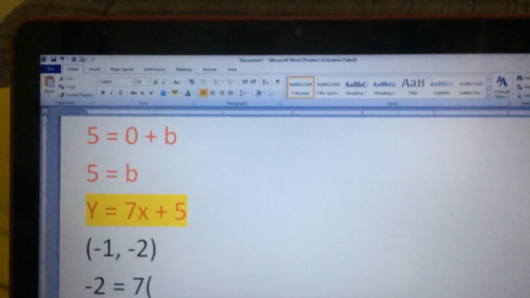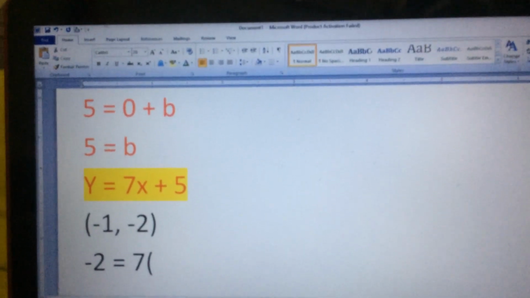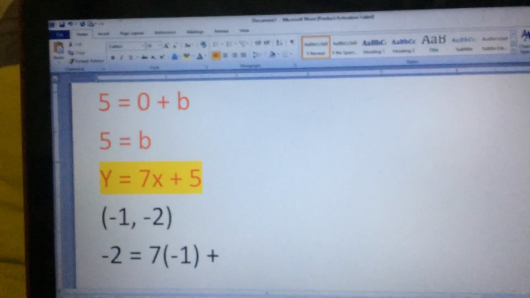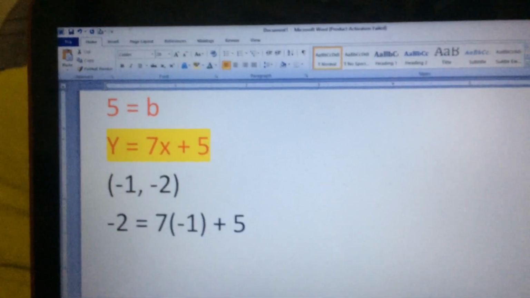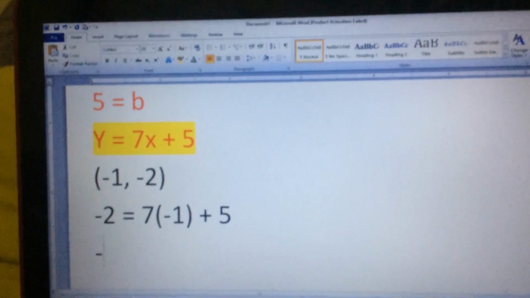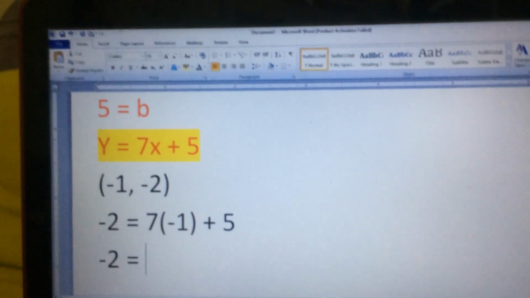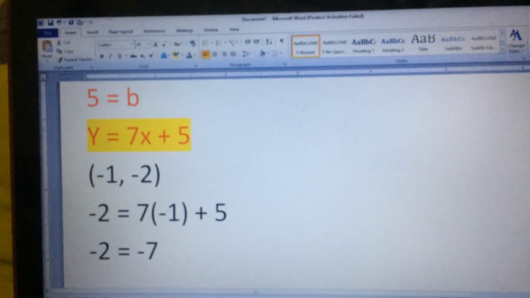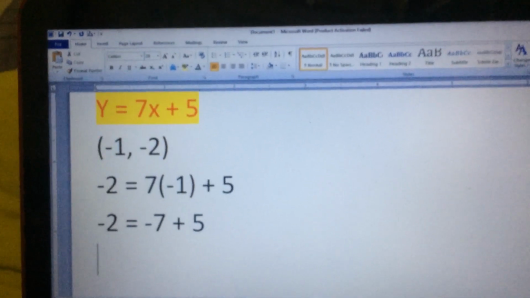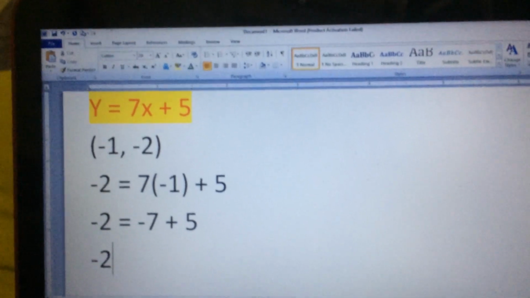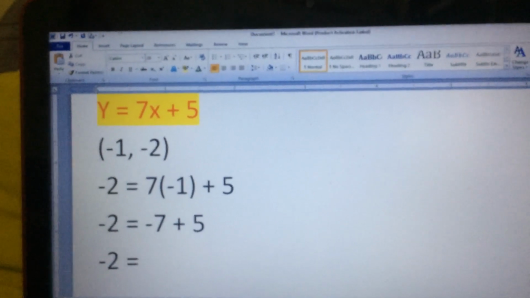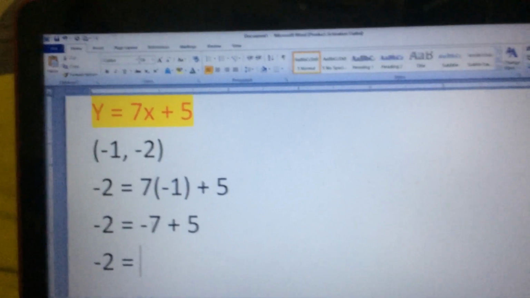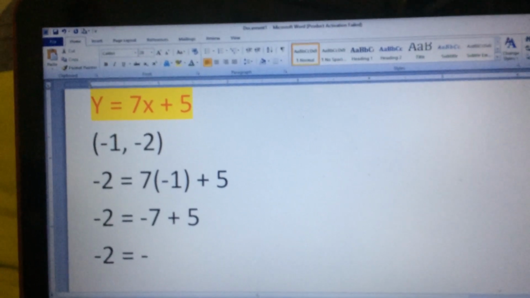7 times, what is our x? It's -1, plus 5. So this becomes -2 equals -7 plus 5. We simplify further, so it's -2 equals -7 plus 5 is -2.